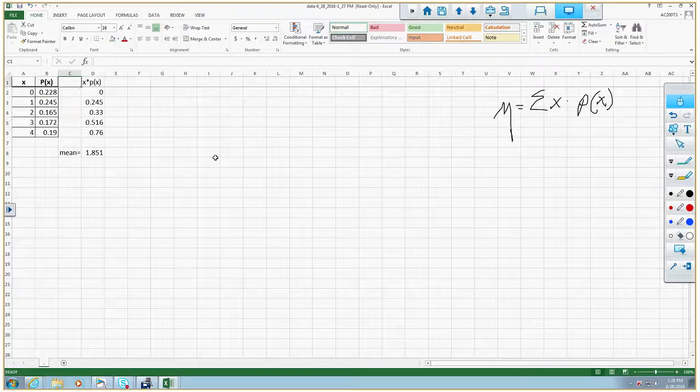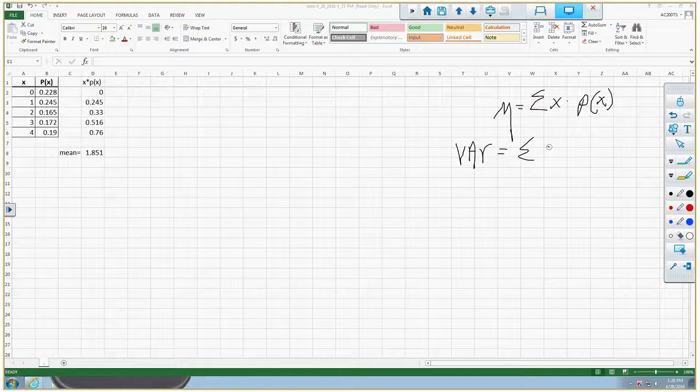So now you got to find the variance, because you can't find the standard deviation if you don't have the what? Variance. So the variance is equal to the summation of x squared times p of x. I'm going to put that in brackets.